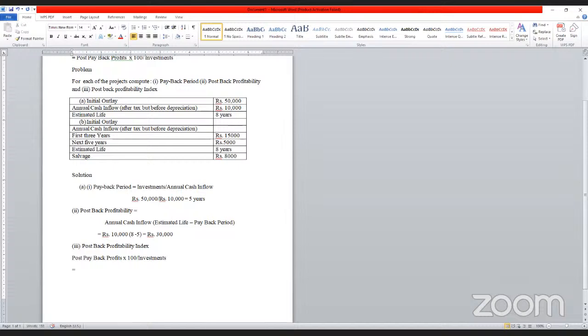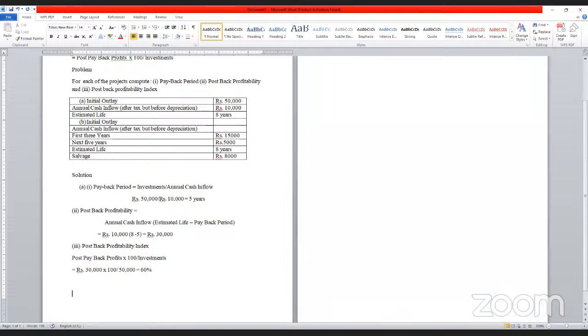How much is post payback profits? Post payback profits are 30,000 rupees. 30,000 into 100 divided by investment, which is 50,000. So how much will you get? 3 lakhs divided by 50,000 gives 60%. That is 60%. This is A.